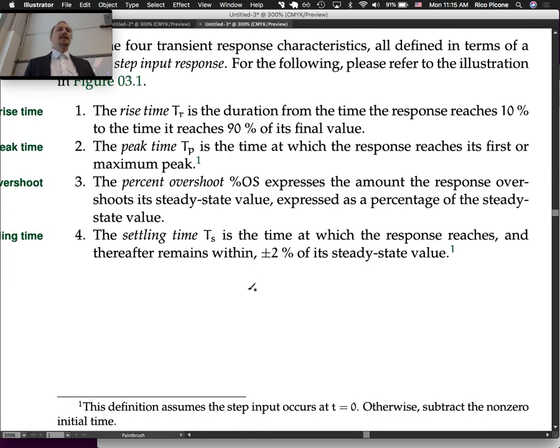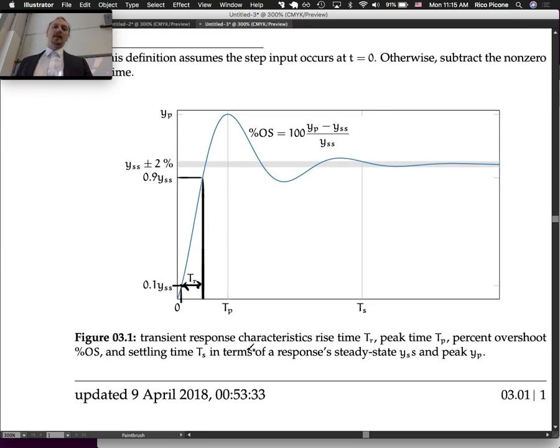Okay, so that's one of our characteristics. The next is the peak time. The peak time is the time at which the response reaches its first or maximum peak. That would be this peak here, and that time is called the peak time. Now, this definition and the last definition assume that we're using the start of the step input at time 0.